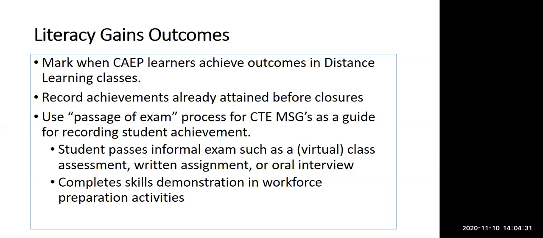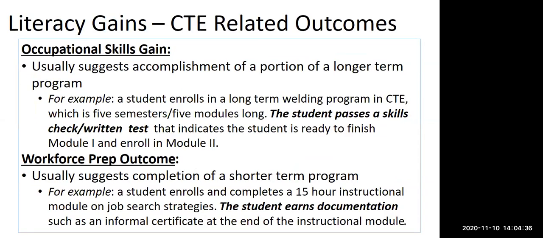So Rhonda, your question, if they completed that program, I kind of weeded that out because I didn't want to get too much into outcomes, but I think you're on this slide. So in this example, again, partial completion of a long-term occupational skills gain. If this student completed module 5 of 5, that is, they completed to where they're completely done with welding and they're now certified to be a welder in the state of California, then that wouldn't be a literacy gain anymore.